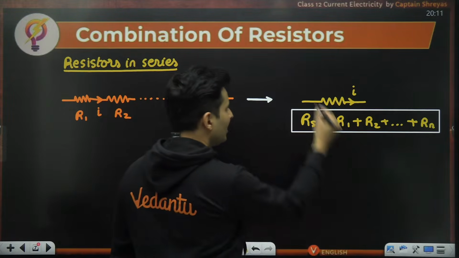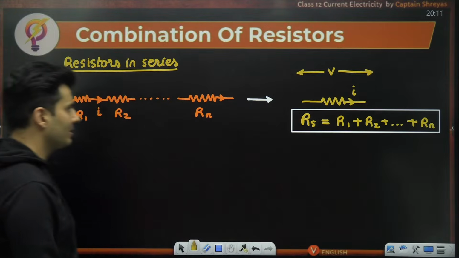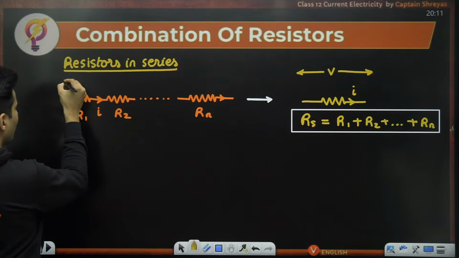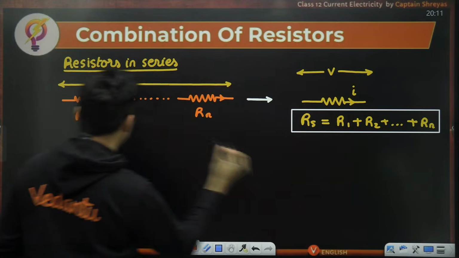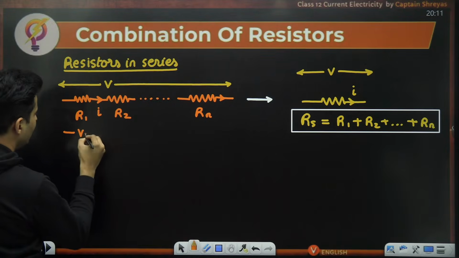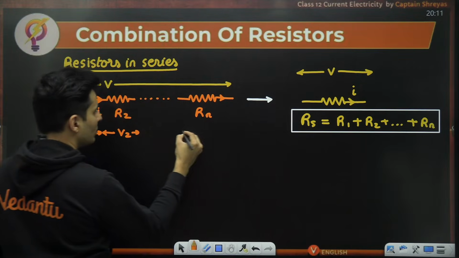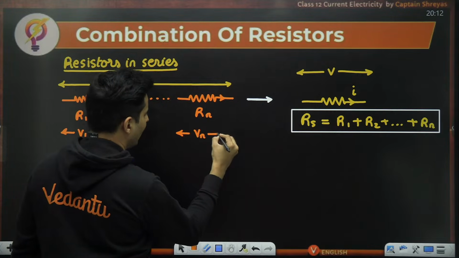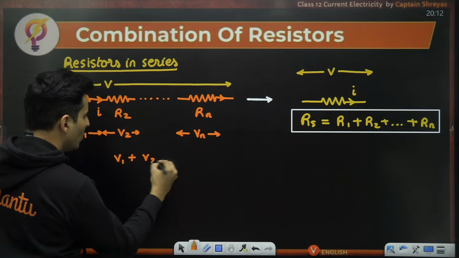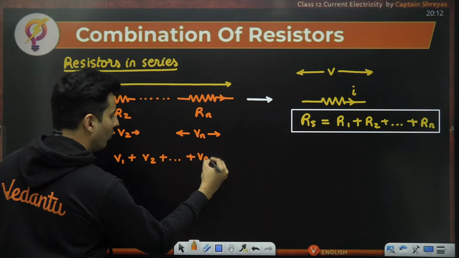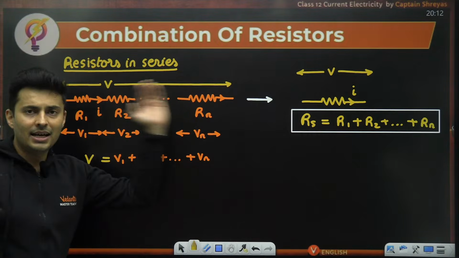It is the voltage. So if this is the voltage V across the equivalent resistance, it is also the total voltage across the entire set of resistors. But if you take an individual resistance, like say for example this one, it might have voltage V1. This might have some voltage V2, and so on and so forth. The last resistance might have a voltage of Vn. If you add V1, V2, V3 like that, all the voltages, what you get is the total voltage drop across the entire circuit.